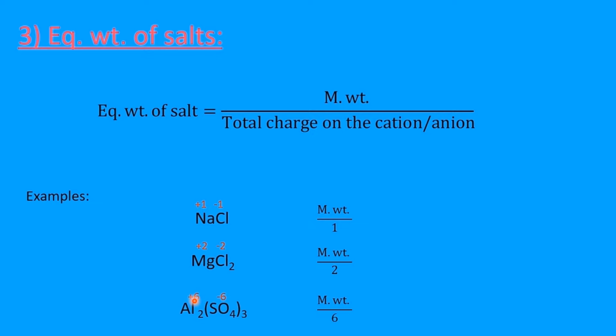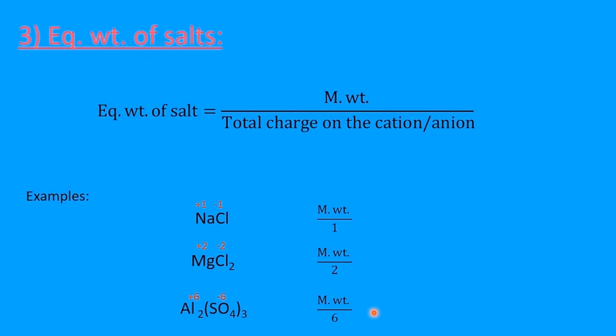Plus 6. For sulfate, SO4 minus 2, into how many sulfates here? 3. 3 into 2, 6. Equal charge, according to the crisscross method, you will get this formula. So what is the total charge on the cation? 6, so divide by 6.